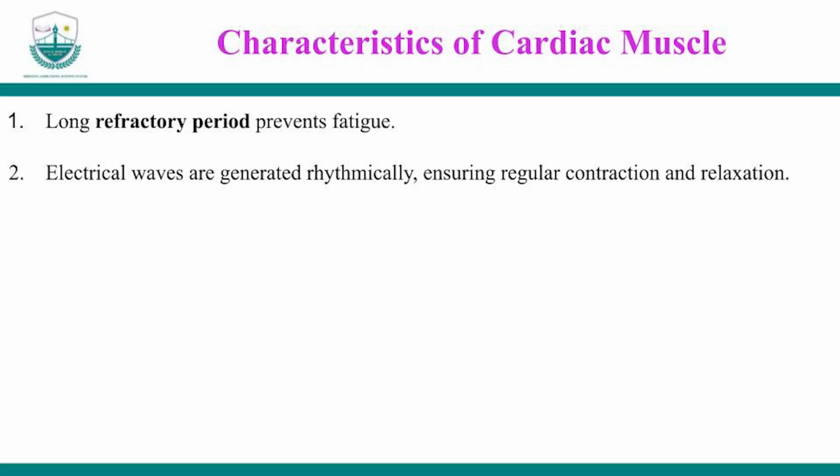That means that there is sufficient time for it to get reorganized, if I can use that word, before another impulse comes in. Okay, that is very important, the fact that it does not get fatigued. And then the other thing is that it is myogenic, and the impulses generated are rhythmic and regular.